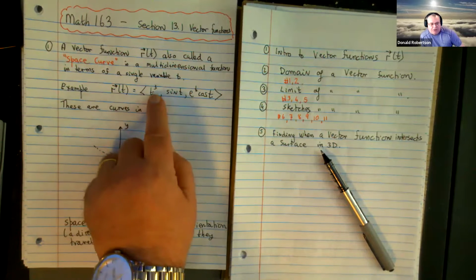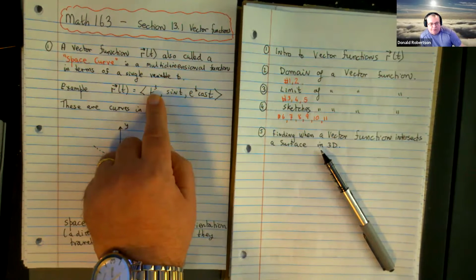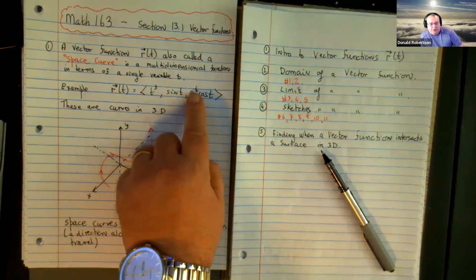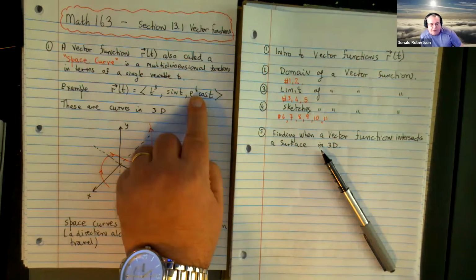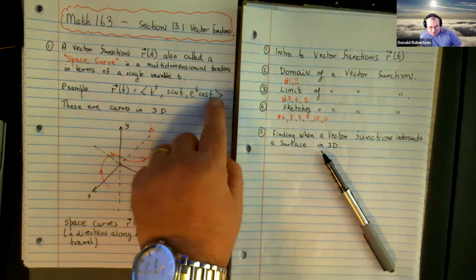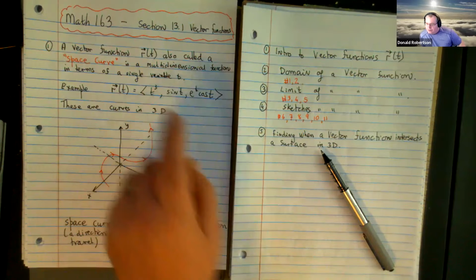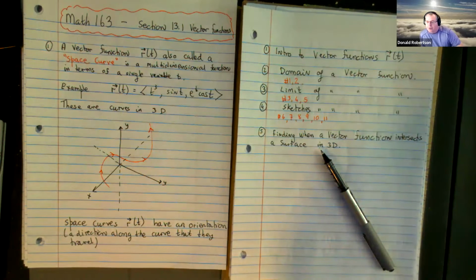So here is a random example of a space curve. r of t is t cubed, that's the x component, sine t is the y component, and e to the t cosine t. Now this is a vector, and it's actually a position vector, which is a very special kind of vector, because essentially a position vector is like coordinates. It tells you the vector from 0 to that point.